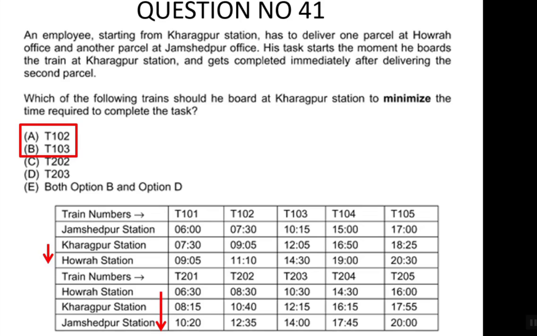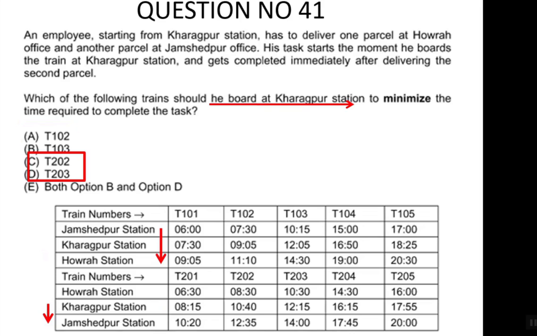The second thing that he can do is go from Kharagpur to Jamshedpur and then Jamshedpur to Howrah. That is the second option, as suggested by options C and D, where he can board at Kharagpur station, which is the major question, and he can use train numbers T202 and 203.